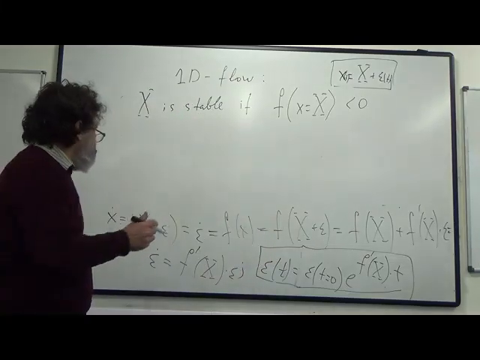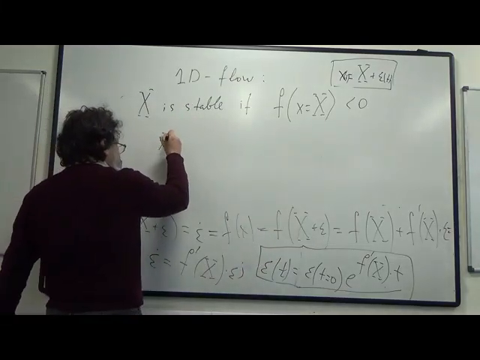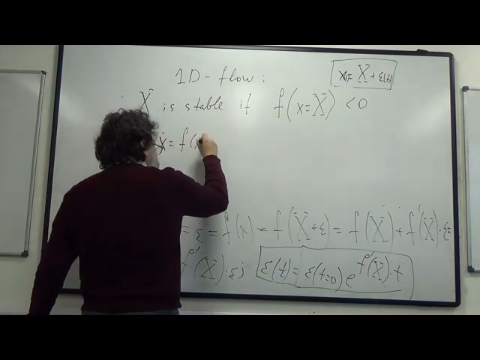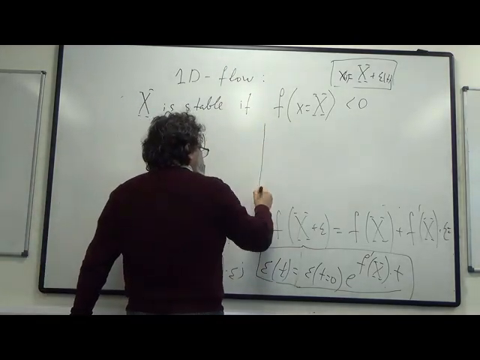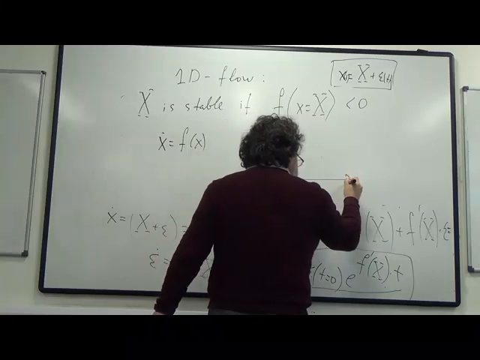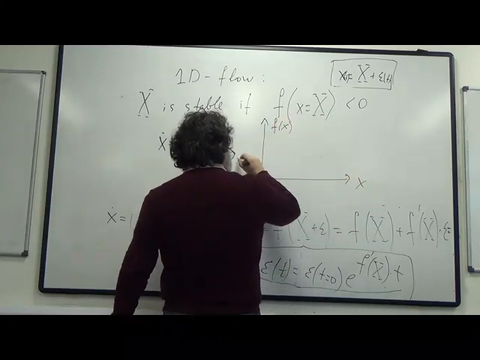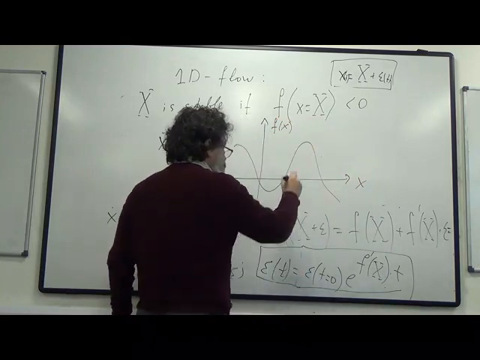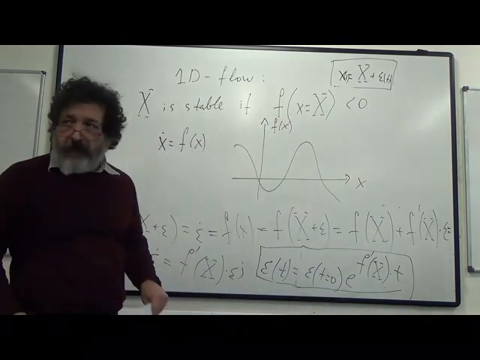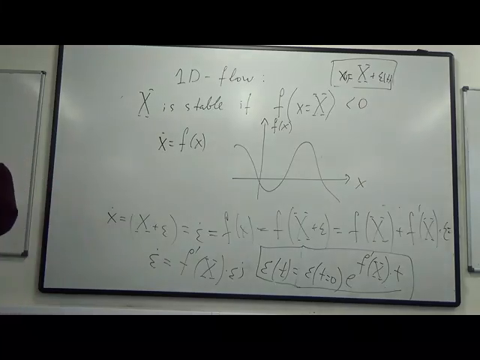And what it means, let's put it like this: x dot equals f of x. And let's say f of x is this kind of function. Can you see the fixed points, and can you tell which is stable and which is not? Raise your hands if you can see it.